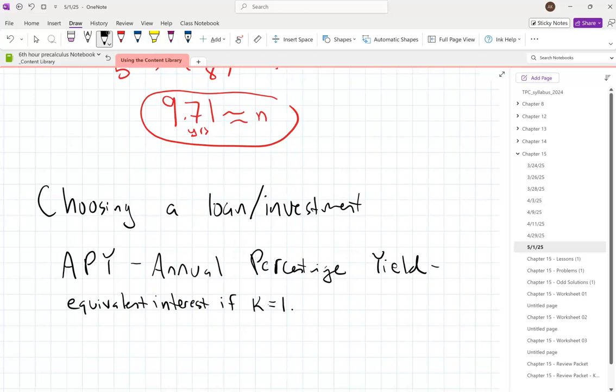So oftentimes if you're shopping for a car loan or a house loan or whatever, they're going to report the loan interest rates as APYs. The actual terms of your loan may not be compounding annually, but I think it's a consumer law in America that they have to report all these loan offers as APYs, so that it's not impossible for a doofus to make a good choice as to what they want.